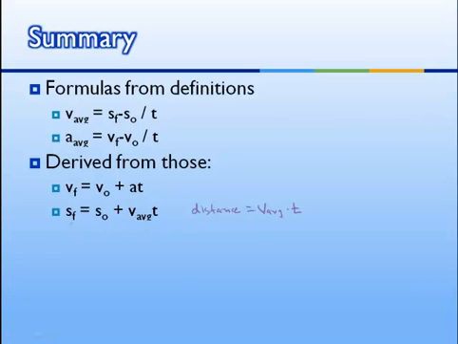Here I made a little bit of a substitution and put in the final position and the initial position because we want to be able to, at times, start from a position that isn't 0, and this will allow us to do that. Here's our third formula that we derived. Remember, we had derived that distance was equal to initial speed times time plus 1/2 the acceleration times time squared.